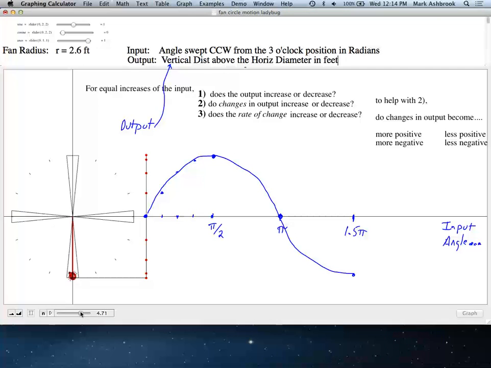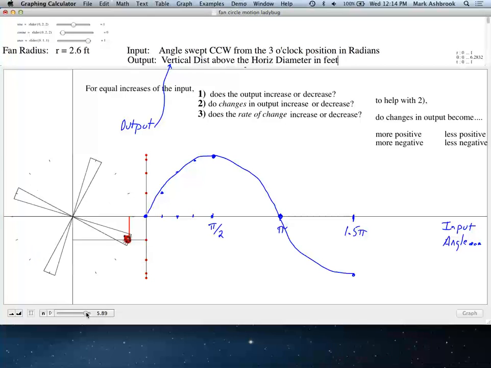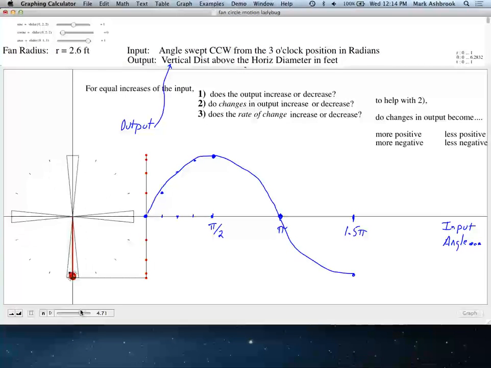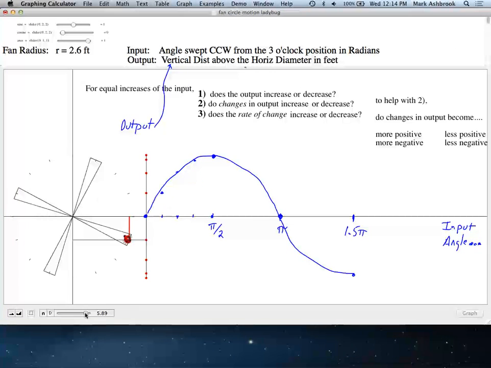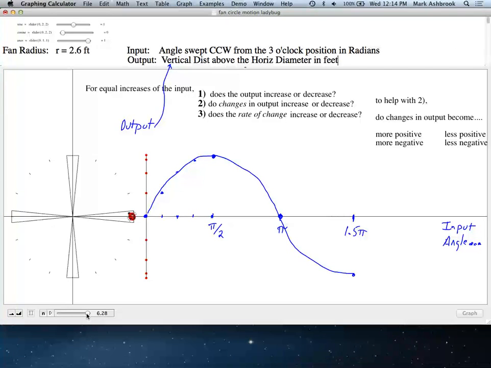Fourth quadrant. The distance above the horizontal diameter goes from what to what? So what does it start at? What's the output quantity? Negative 2.6. And then as it traverses that quadrant, it ends up at 0. So is the vertical distance increasing or decreasing?